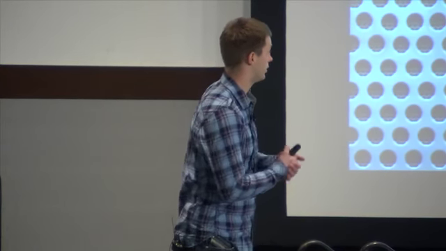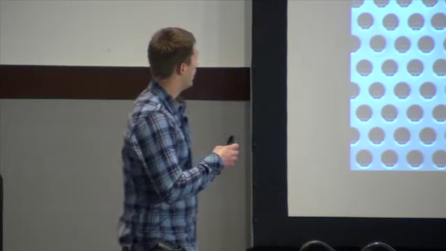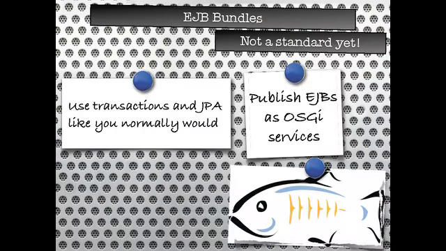Another interesting thing, and this is only available in Glassfish at the moment, where they're more or less prototyping this, is using transaction management together with JPA and EJBs within an OSGi bundle.